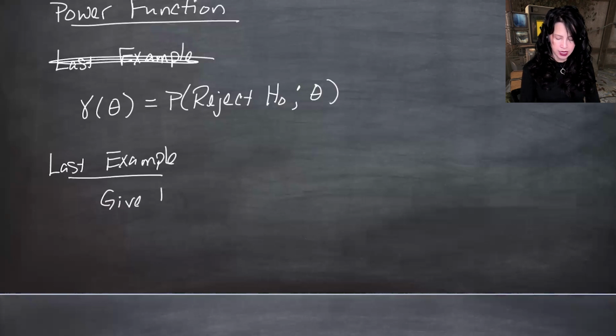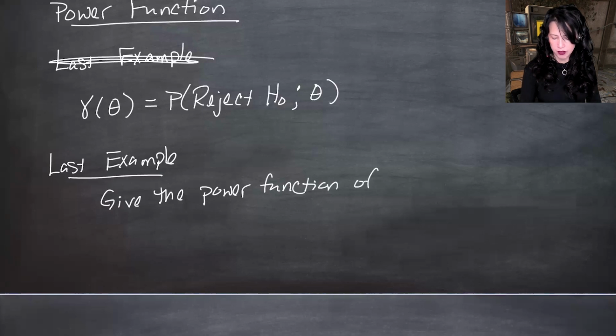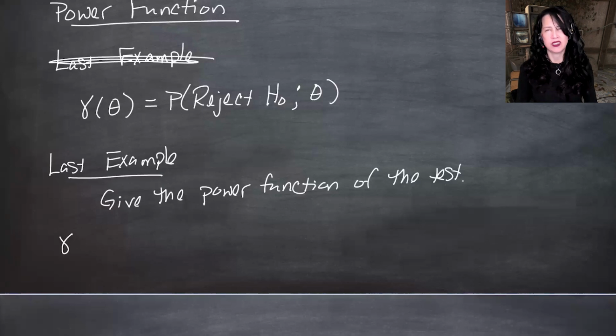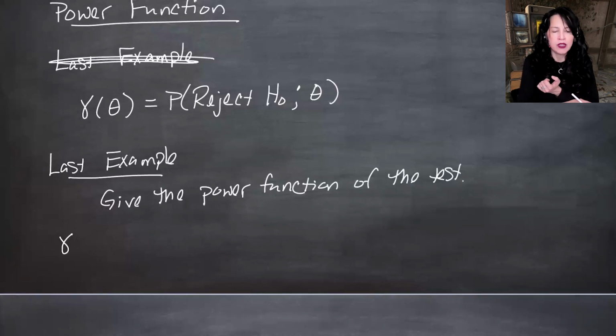Give the power function of the test that we just derived. So I'm going to call it lowercase gamma. A lot of people use, well, this is really all over the place. I've seen a capital K used a lot and like a capital kappa, but there's no standard notation here.